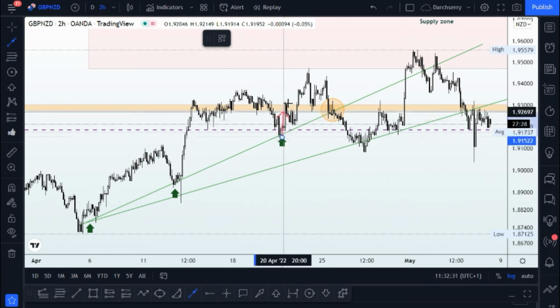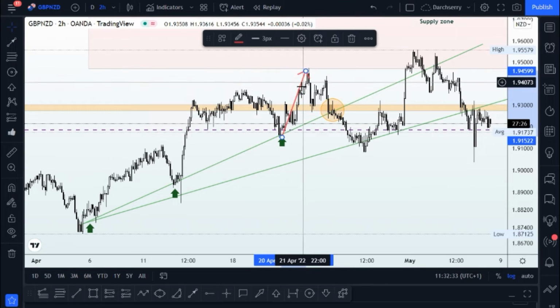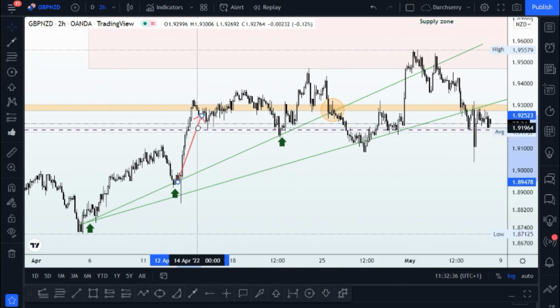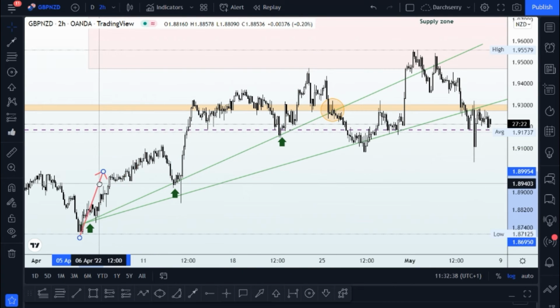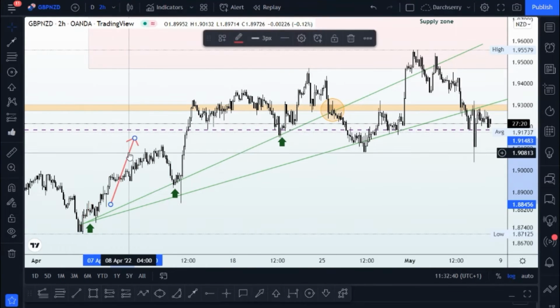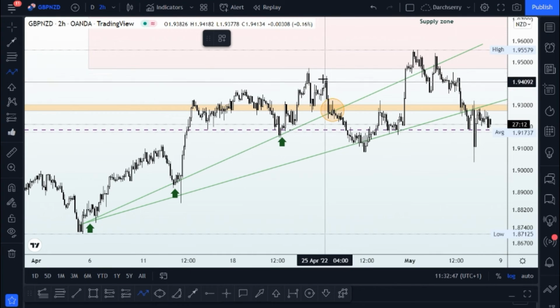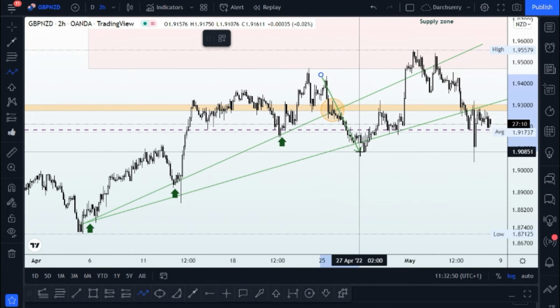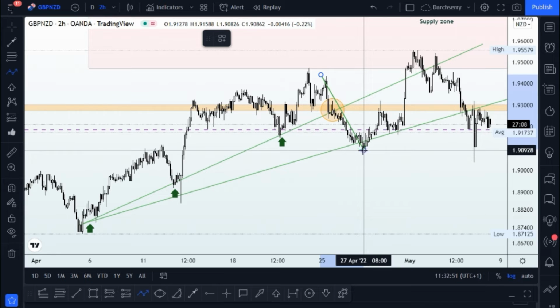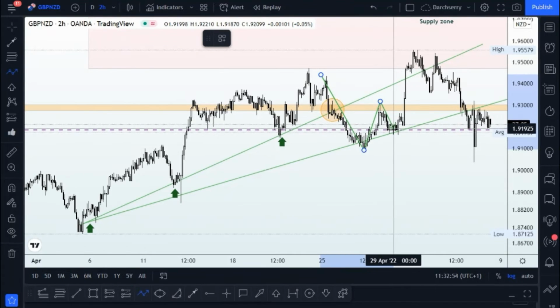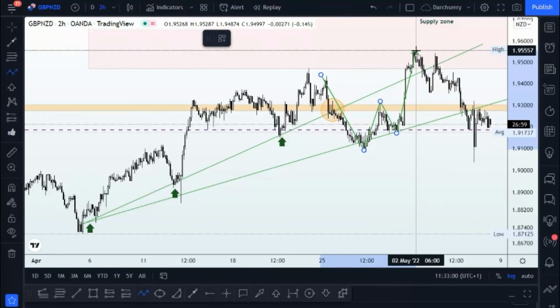If you see what happened, expansion was not that strong compared to what we had here and what we had here. So it gives us a clue that the buyers are actually losing momentum, as we can see the breakdown of structure of that trend line here to meet up with this new trend line down below here. We saw a double bottom structure here which pushed price further up again.